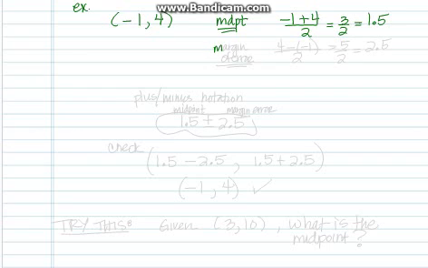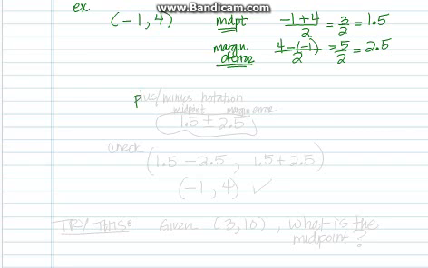Then for the distance, or the margin of error, I want to see how far -1 and 4 are from each other. Well, that just means we're going to take 4, subtract off -1, or you could even count 5 spaces there, then cut that in half. That's 5/2, or we could say 2.5.